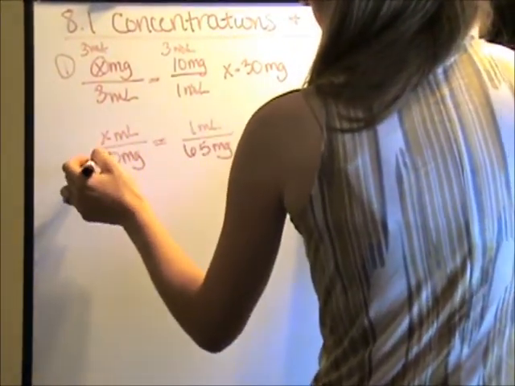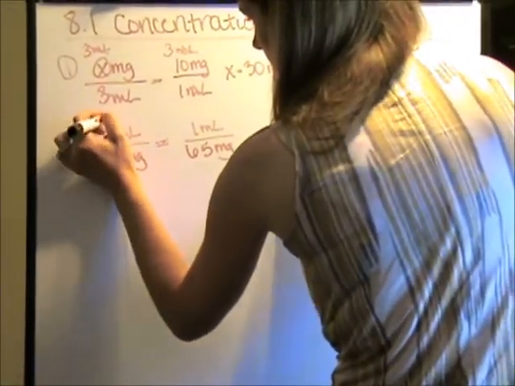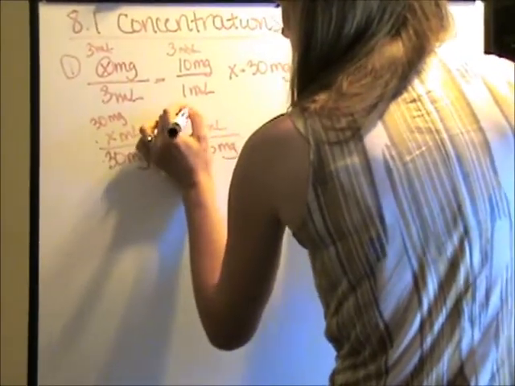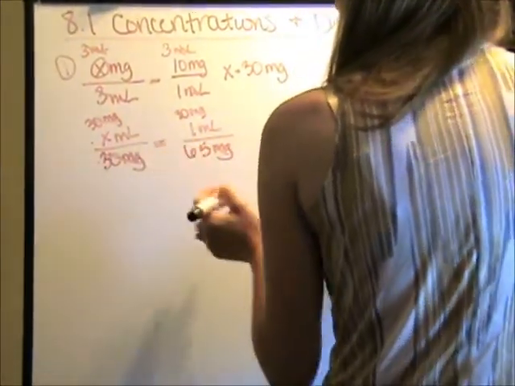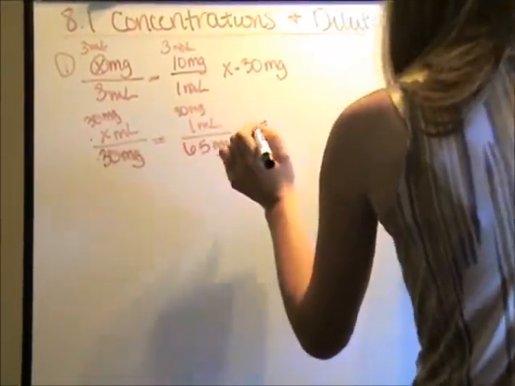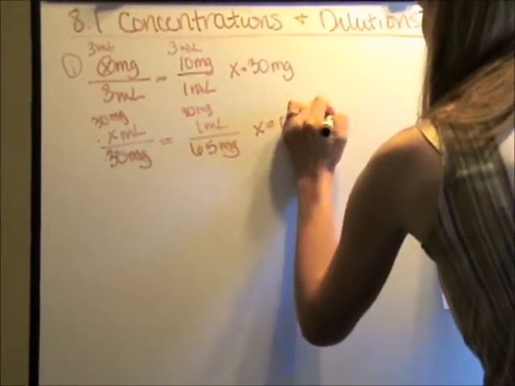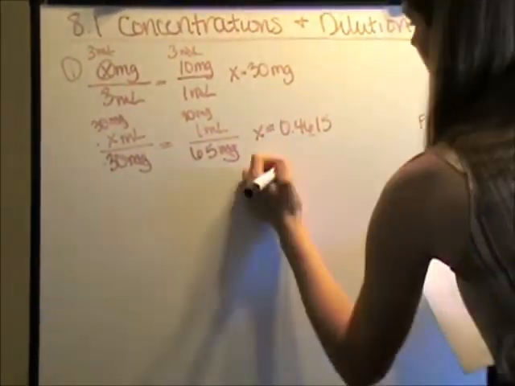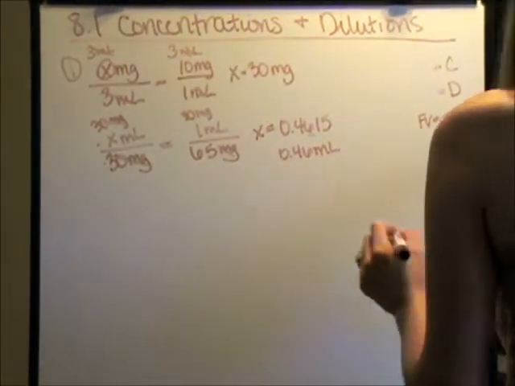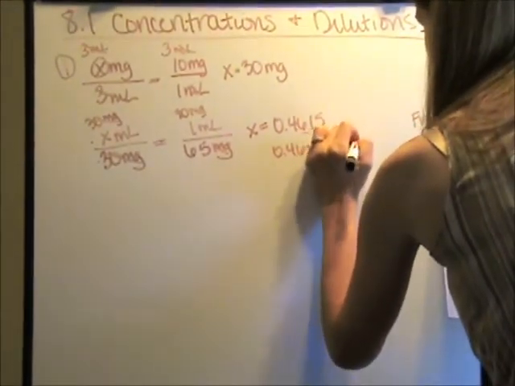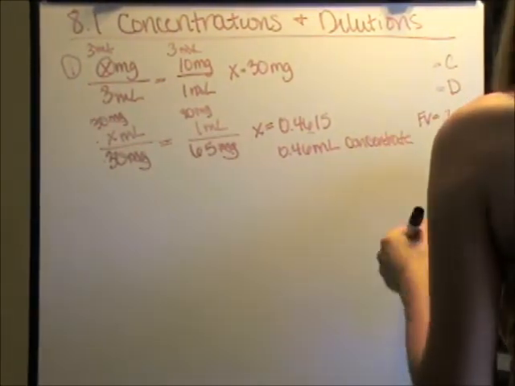And this is our milligrams, and this is what we're solving for, so now we can solve for X. So we're going to take 30 divided by 65, and that is going to give us 0.4615, but we're going to round that to the 100th, so we're going to round that to 0.46, and that's milliliters. So now we know that that's going to be our concentrate. That's how much we're going to have to put into our final volume.